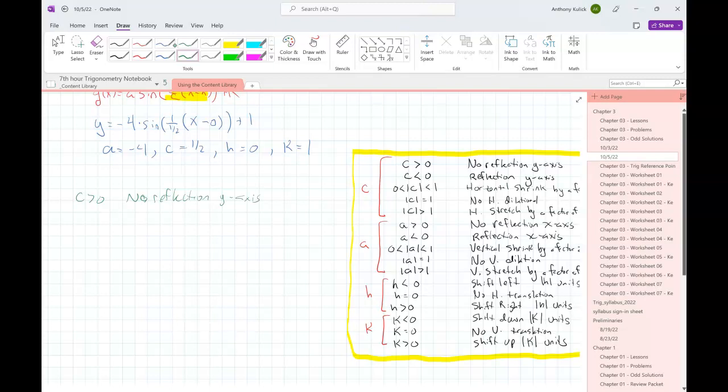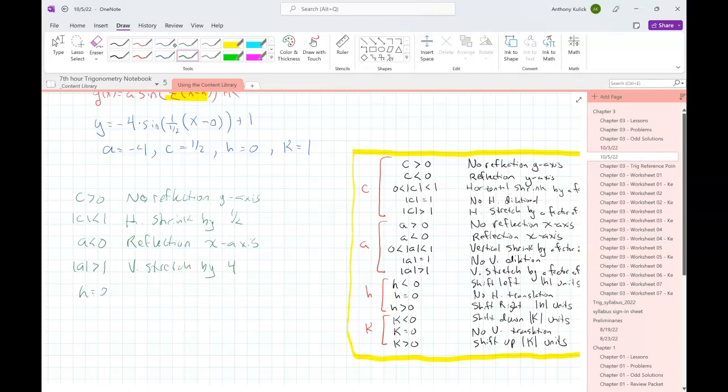And since the magnitude of c is less than 1, we have a horizontal shrink by a factor of 1/2. Since a is negative, we have a reflection on the x-axis. And since the magnitude of a is bigger than 1, we'll have a vertical stretch by a factor of 4.